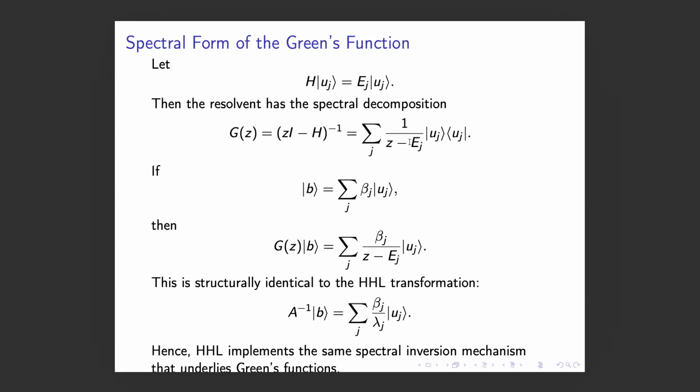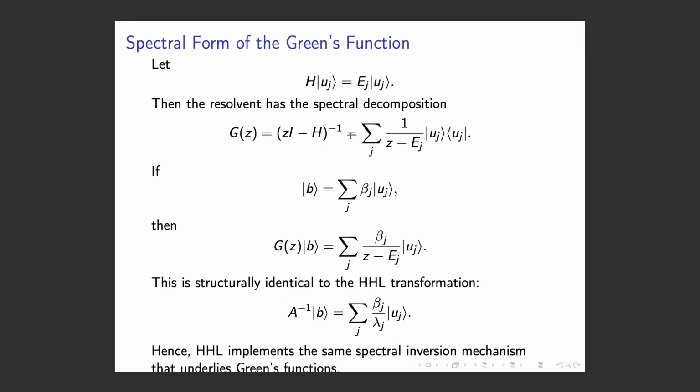So let me quickly say a little bit more, because what we did in the HHL is this. We found this inverse here by applying the QPE, rotation, inverse QPE, and then we have this one. So this is essentially what the HHL does.